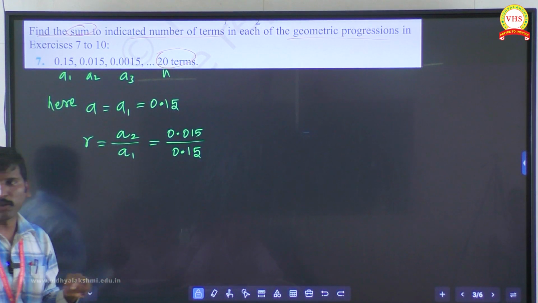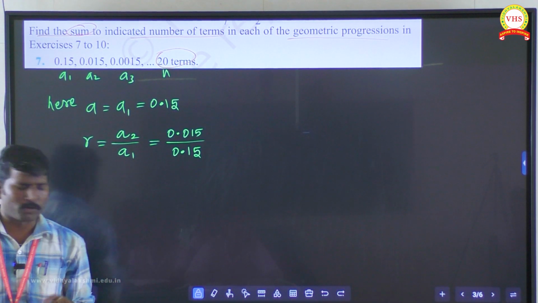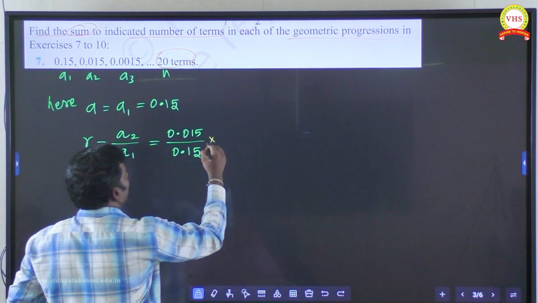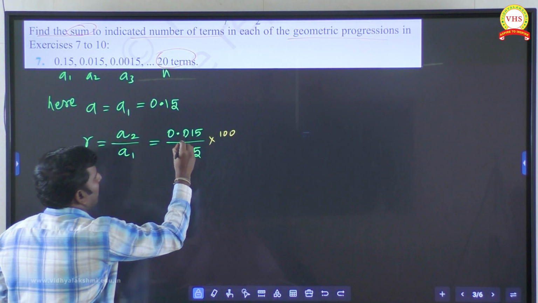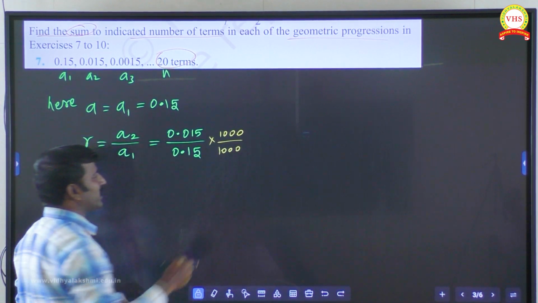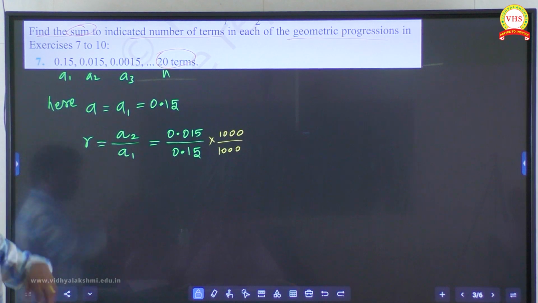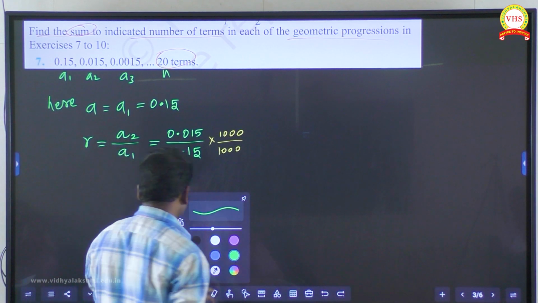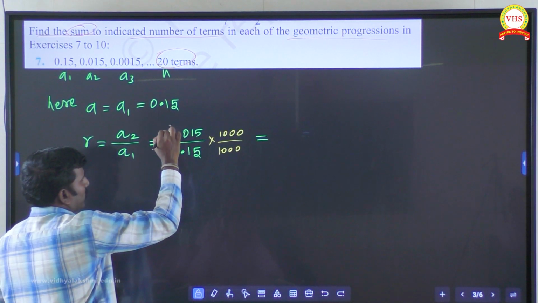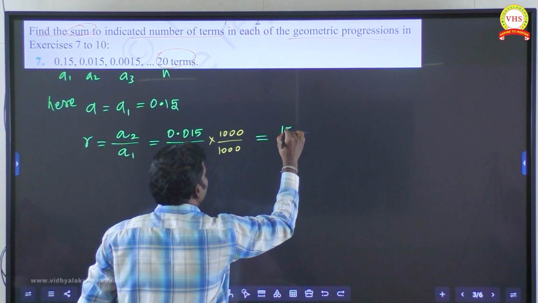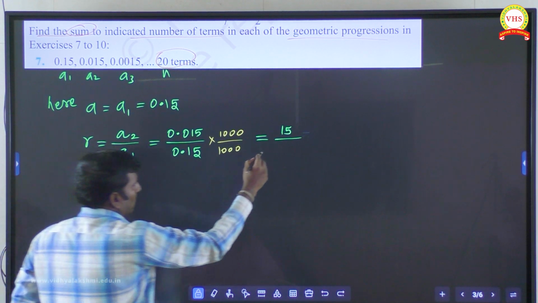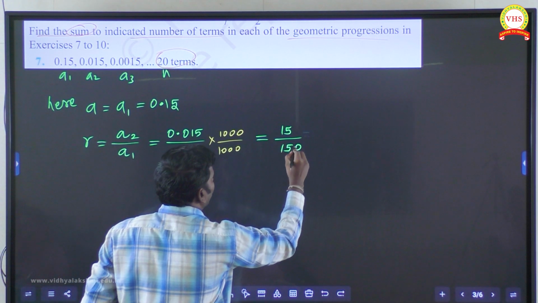When you cancel, with the decimal, if you have a good idea you can go, or else better simplify that decimal value. After the point I have 1, 2, 3 digits, so I'm multiplying by 1000, both numerator and denominator. Then 0.015 times 1000 gives just 15, divided by 0.15 times 1000, which is 150.